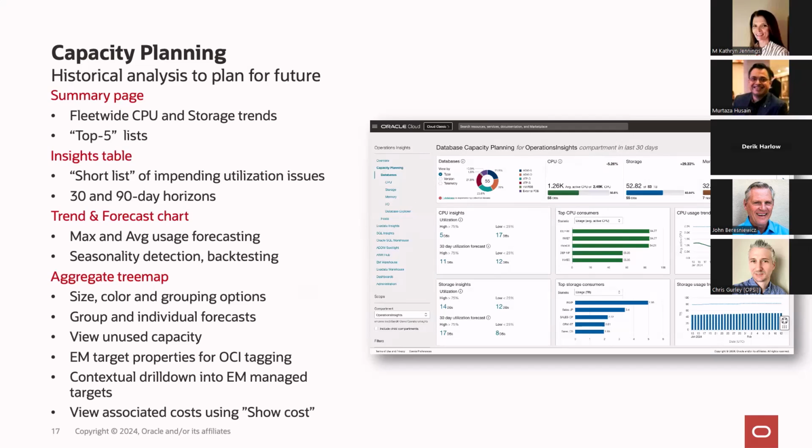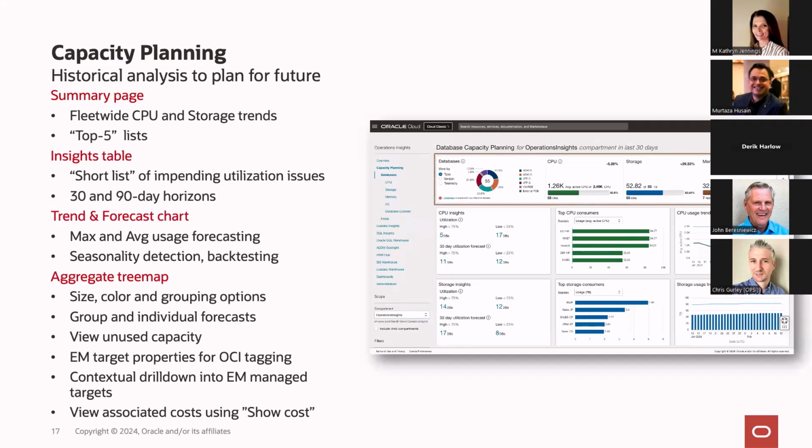It provides a fleet-wide distribution view of allocated database CPU resources and their utilization levels. Using this, you gain proactive insights into current CPU, storage, memory, and I/O utilizations, and can forecast using our sophisticated forecasting models to look at any impending capacity issue or analyze any reallocation opportunities.